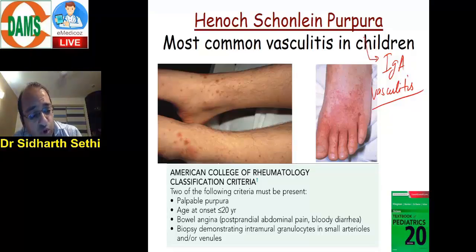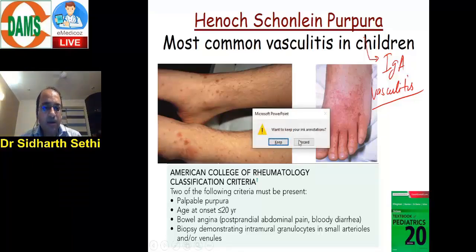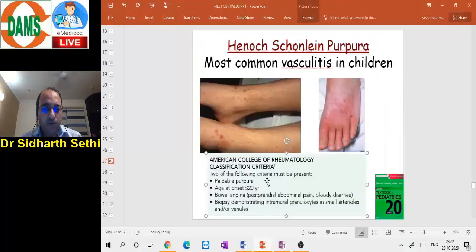It is the most common vasculitis in which you see neutrophils within the arteriole wall. Okay. So remember, it's a classic case. And here I will show you the typical criteria by the American College of Rheumatology.